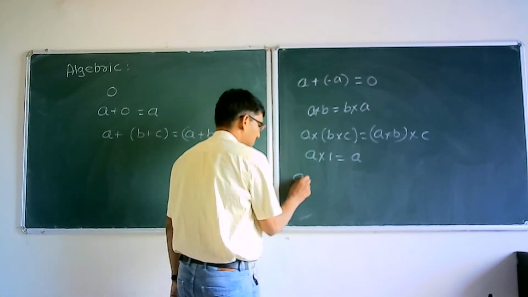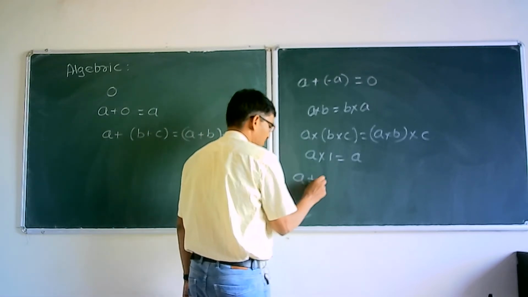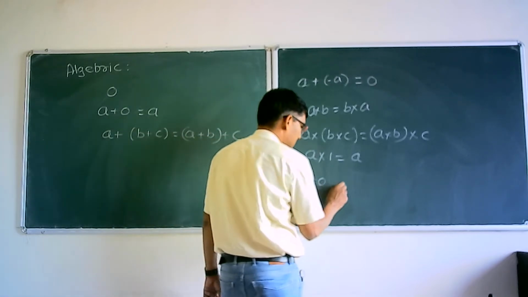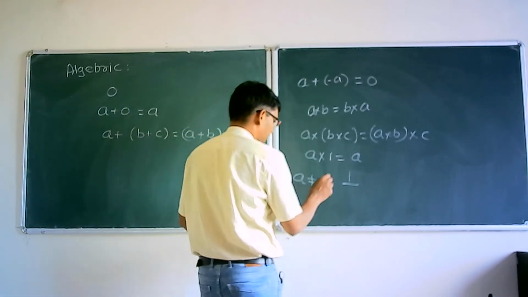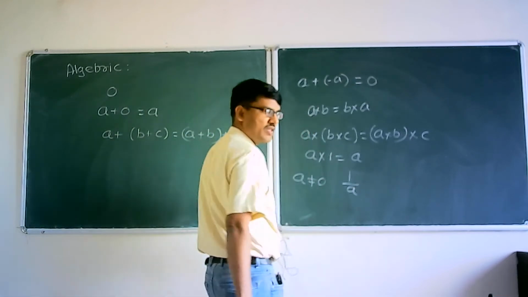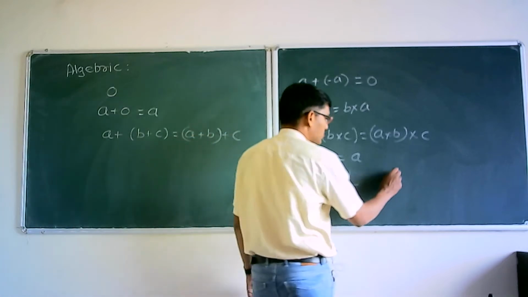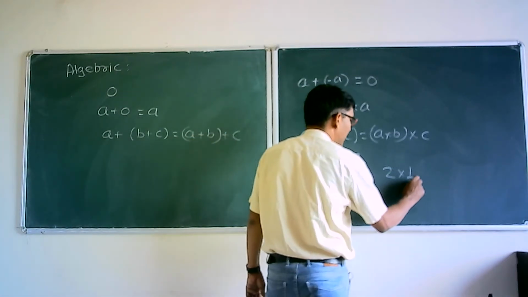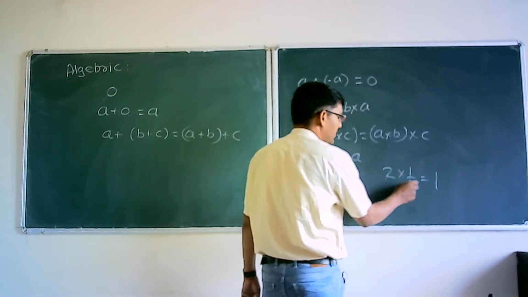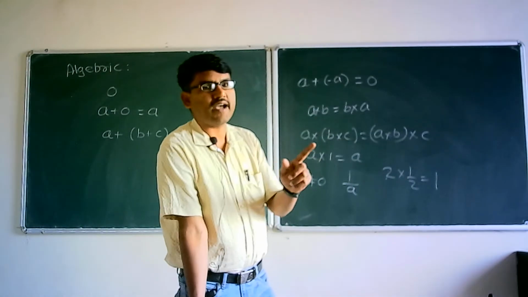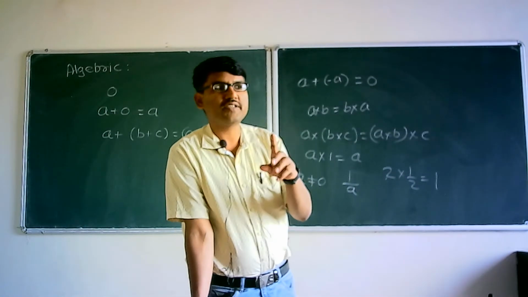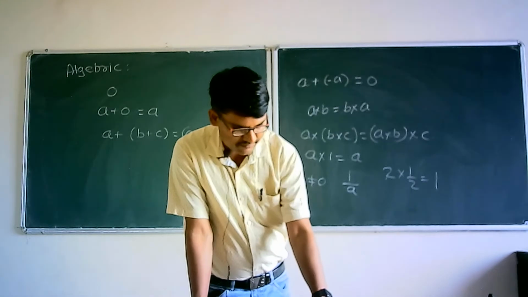Then if a is not equal to 0, the inverse of a is 1 by a. That is, what is the inverse of 2? It is 1 by 2 under multiplication, because if we multiply these two numbers, the output is 1. So 1 is the identity under multiplication and 0 is the identity under addition.